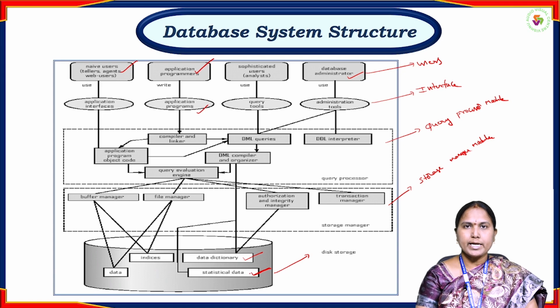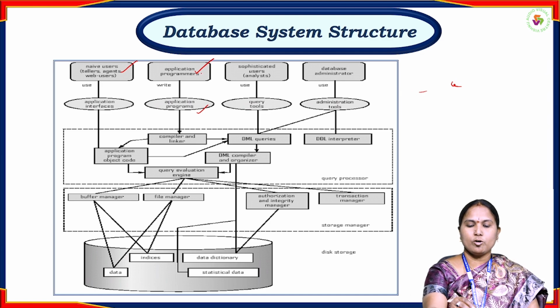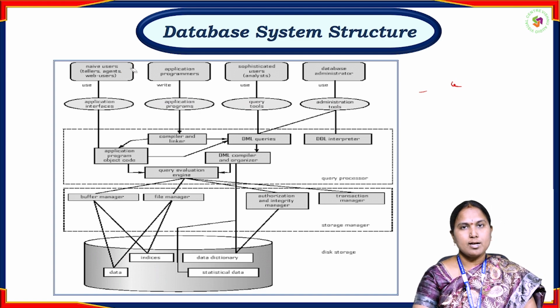In this way, we can give users access to the disk storage with support of the database system structure. So these are the concepts presented inside the database system structure. First block is users, second block is interfaces, third block is query processor module, fourth block is storage manager module, last one is the disk storage.